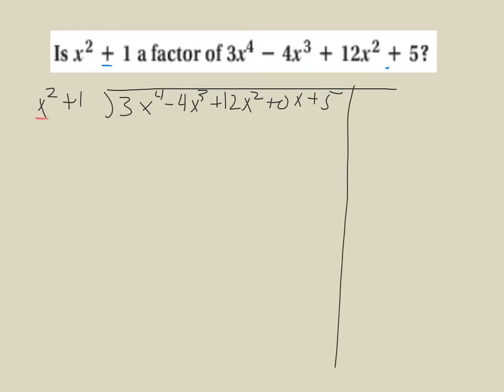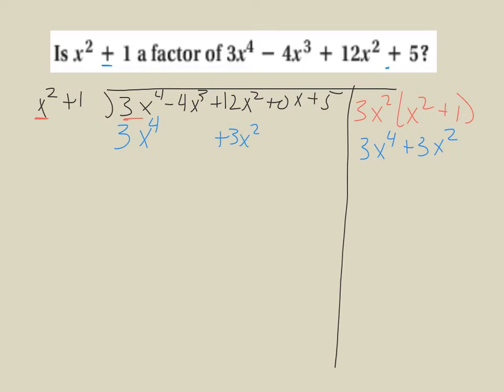So first, how can I multiply this to look like this? So I have to multiply by 3x squared. So if I multiply that in, I get 3x to the fourth. Now when you're writing this, I'm going to have 3x to the fourth, and then you have to make sure to put the correct numbers underneath for like terms. So I'm going to write my 3x squared underneath my 12x squared.